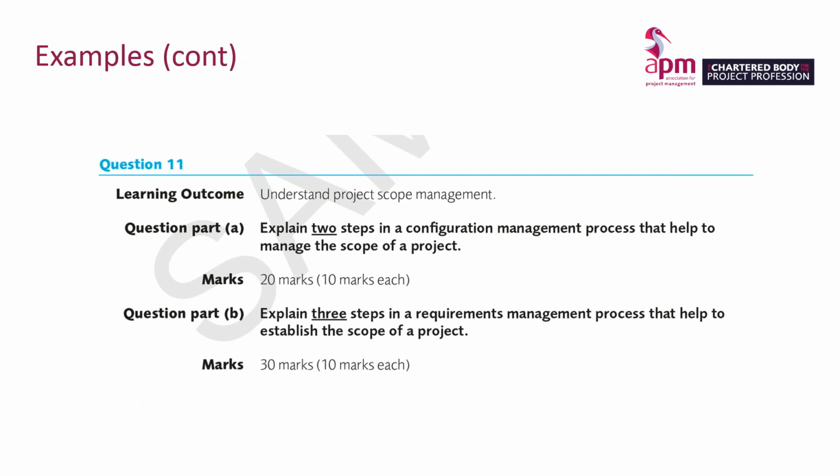In part B, you're looking at explaining 3 steps of a requirements management process that help to establish the scope of the project. That would be looking for the candidates to identify 3 steps within a requirements management process and explain how those steps help to establish the scope of the project. And it's the explanation that carries those marks, as well as correctly identifying the steps.